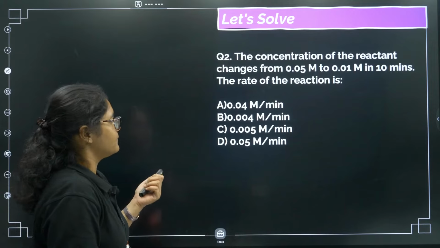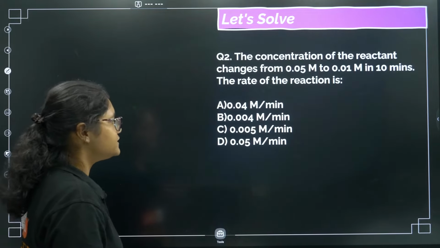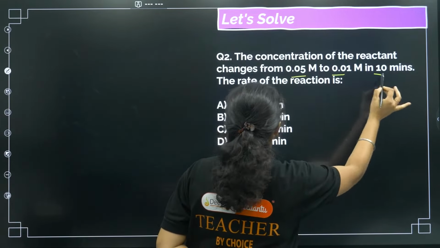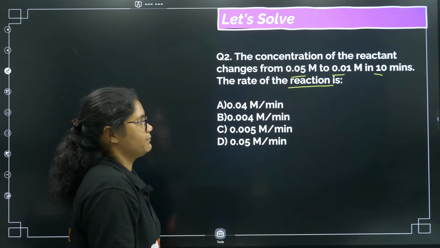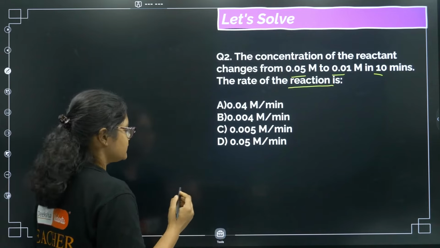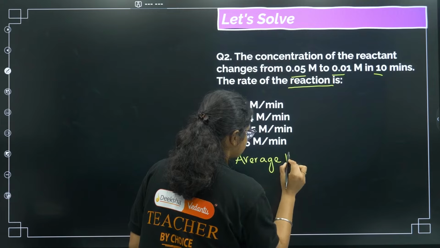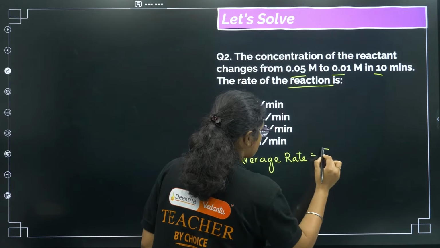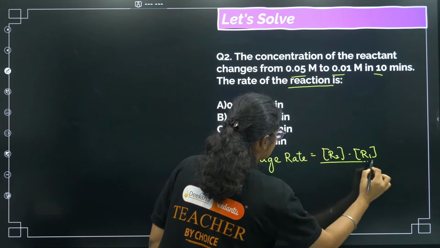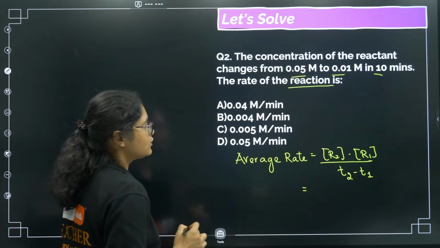Okay, fine. Now coming to the next question. The concentration of the reactant changes from 0.05 moles to 0.01 mole in 10 minutes. The rate of the reaction is? Here you see, this question is from your average rate concept. That is the formula of average rate. I have written that average rate is equal to R2 minus R1 by T2 minus T1, right? Now what is the change in concentration?